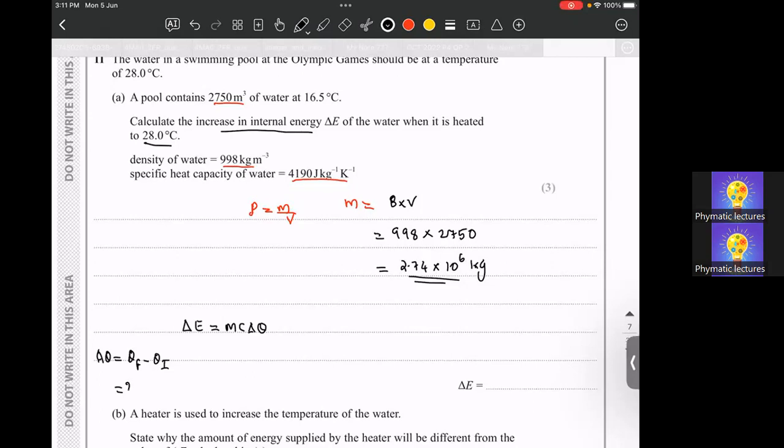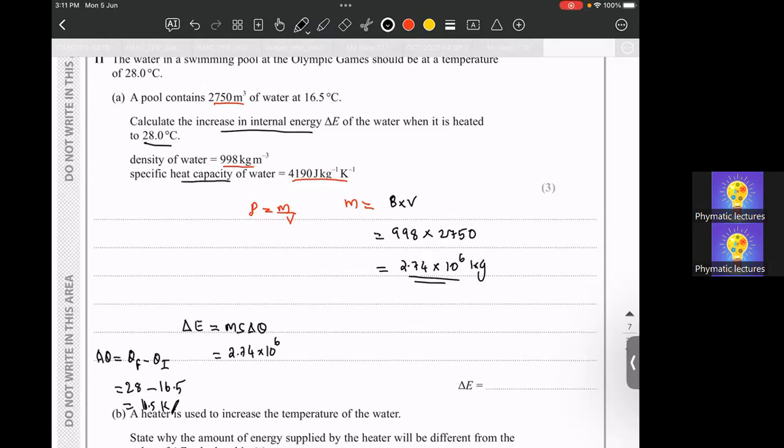So that means 28 minus 16.5. So what is that change? 28 minus 16.5 is 11.5. So 11.5 Kelvin. So substitute it. That is 2.74 into 10 to the power of 6.